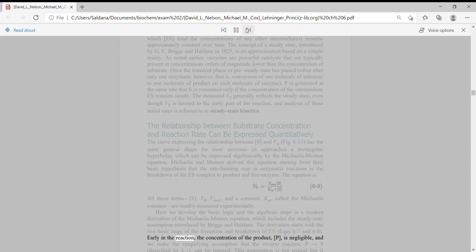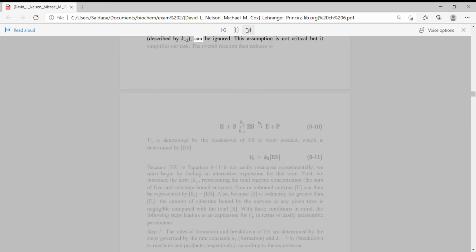Early in the reaction, the concentration of the product, P, is negligible, and we make the simplifying assumption that the reverse reaction, P to S, described by k2, can be ignored. This assumption is not critical, but it simplifies our task. The overall reaction then reduces to the equation in which V0 is determined by the breakdown of ES to form product, which is determined by [ES].